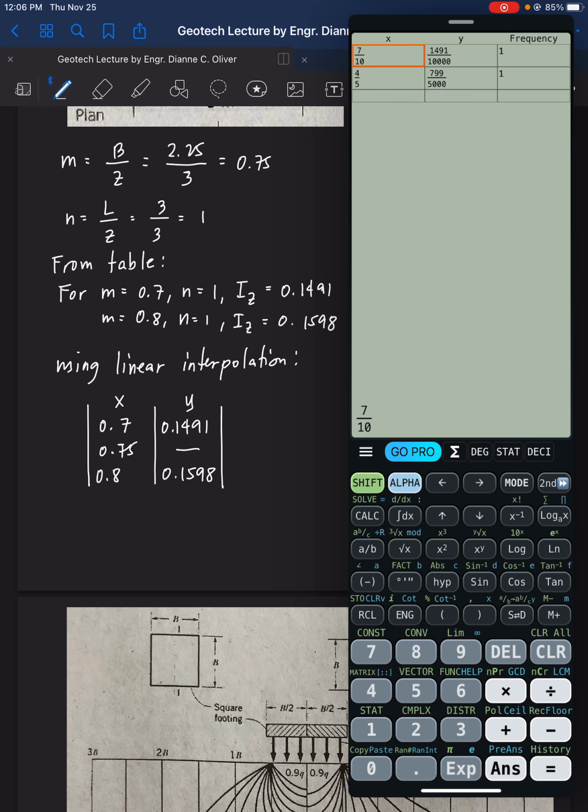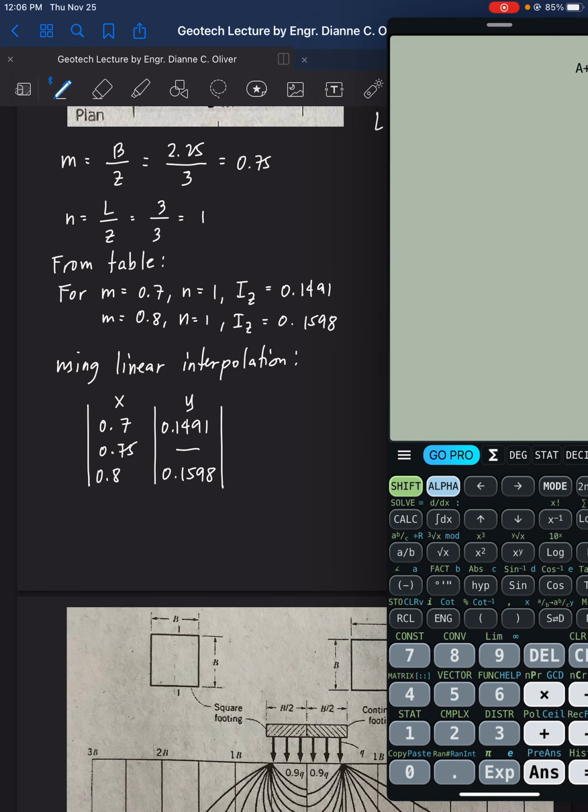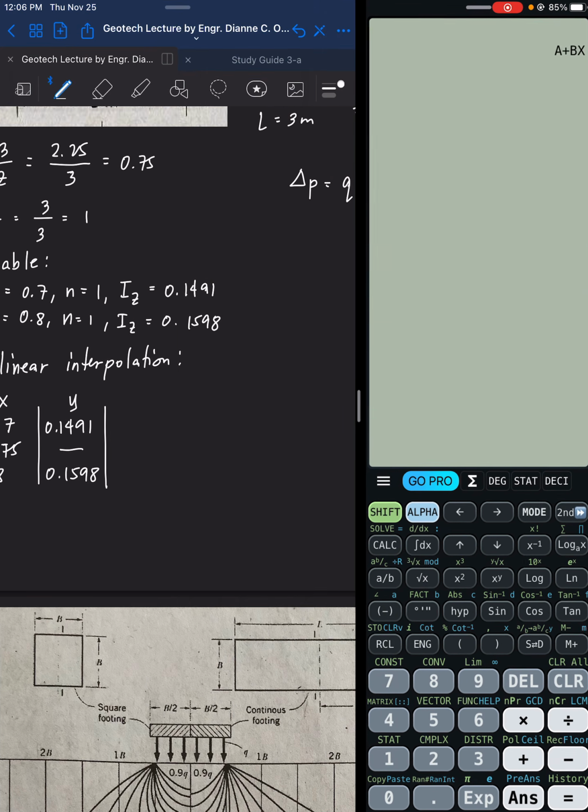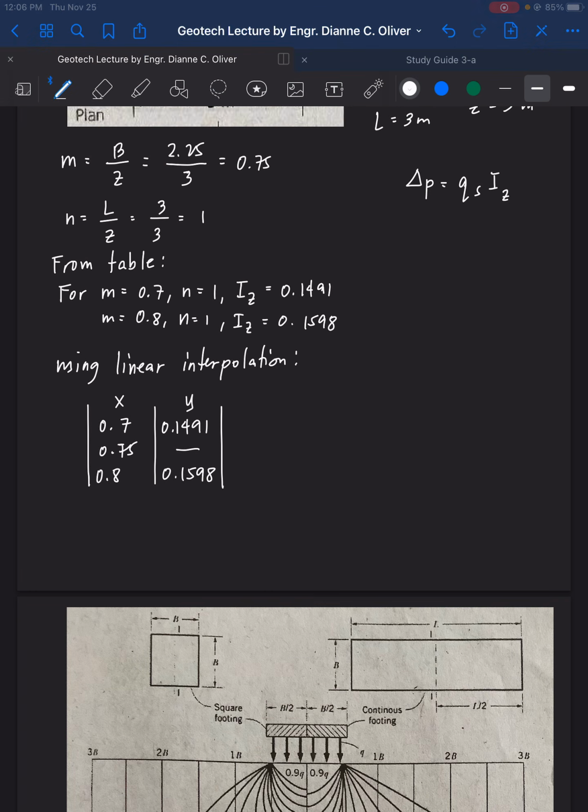Okay, I think we cannot use this one here. Oops. So I'm not used to this one yet. Just use our calculator. What you will get there is, so use y hat again. So 0.75 y hat, and that is equal to 0.15445.